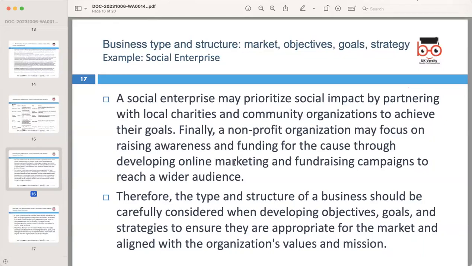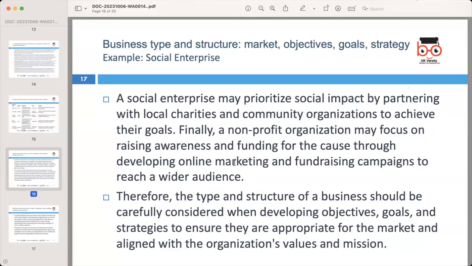Profit generation is secondary to their mission. Their goals revolve around achieving specific social, environmental, or humanitarian outcomes. These might include reducing carbon emissions, for example, providing employment opportunities for disadvantaged groups, or supporting local charities.